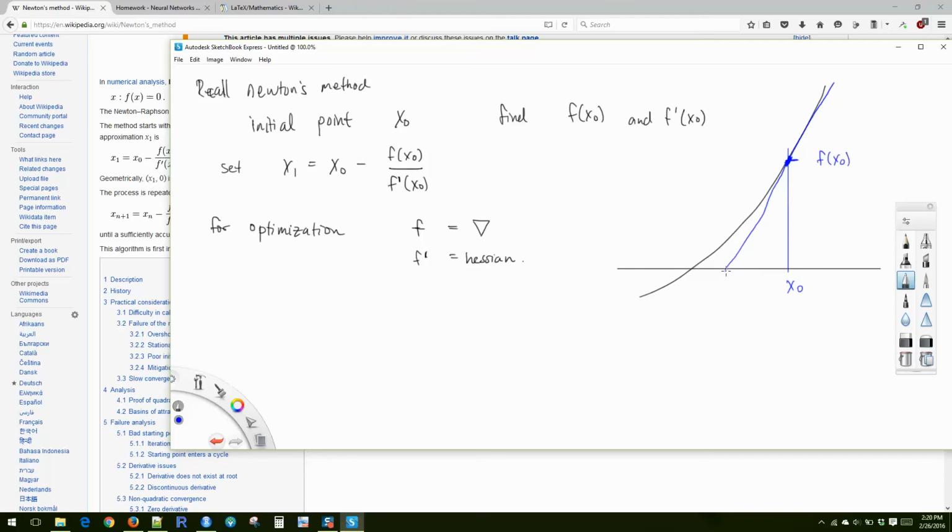This point will be x1, and you can check it out. This would be x1 is equal to x0 minus f of x0 over f prime of x0. Then you just iterate this, and essentially you get closer and closer until you get to some value that's close enough to where it crosses.